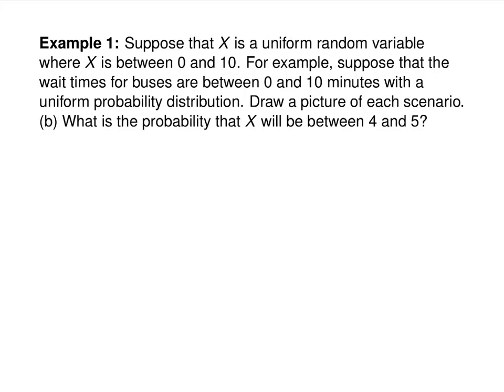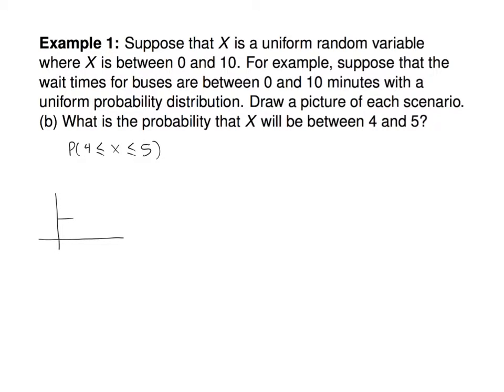How about 4 and 5? So we're looking for the probability that 4 less than or equal to x less than or equal to 5. So that's the chances your wait time is between 4 and 5 minutes, right? So is the picture of the curve without the shaded part going to change?